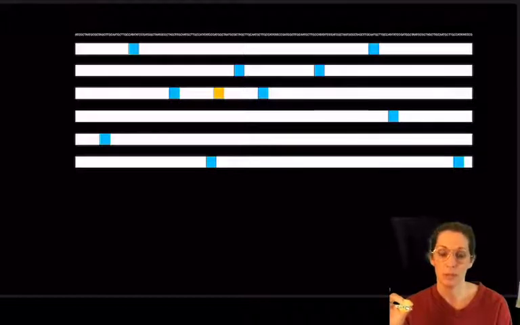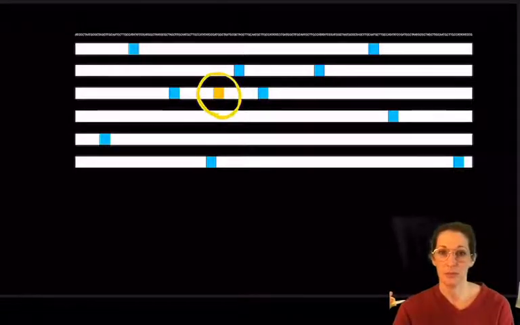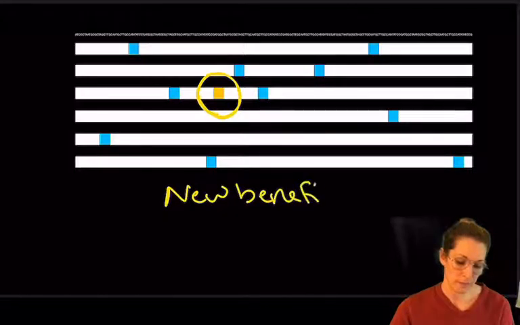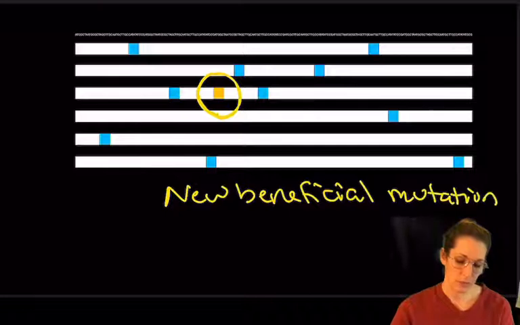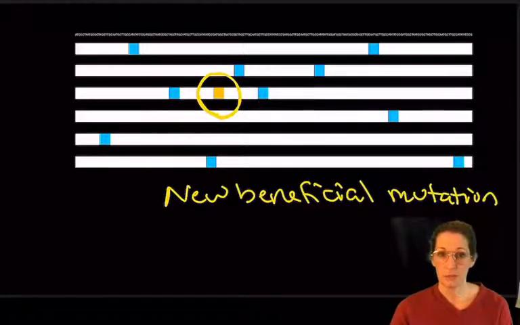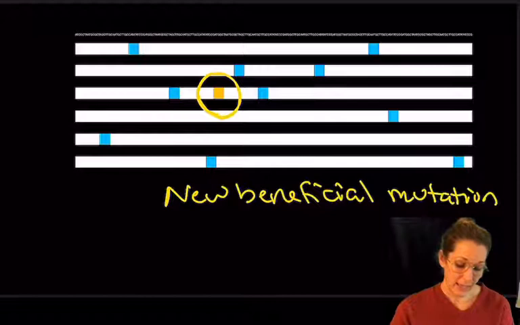And then let's imagine that this yellow is a new mutation. It's a new beneficial mutation, and it has a high relative fitness.